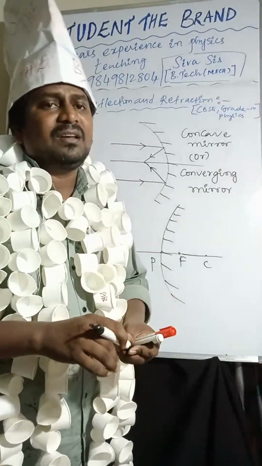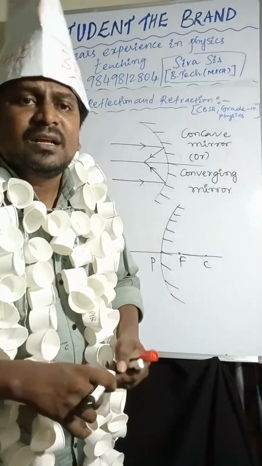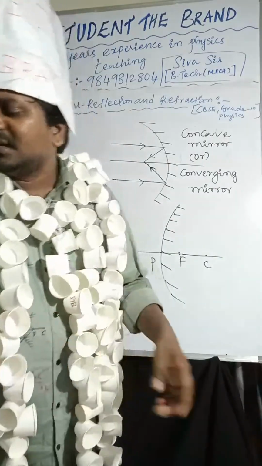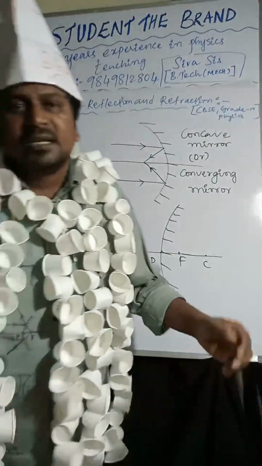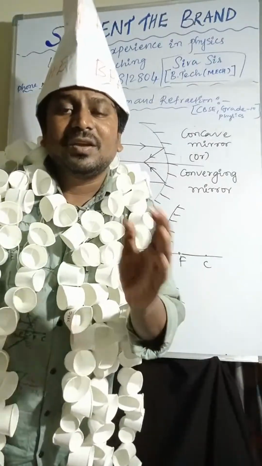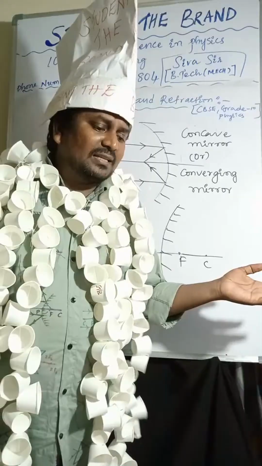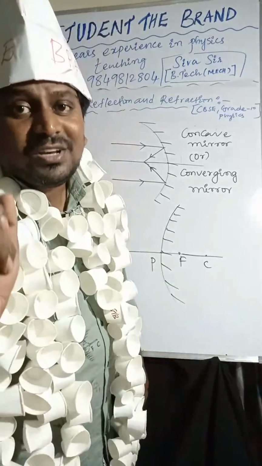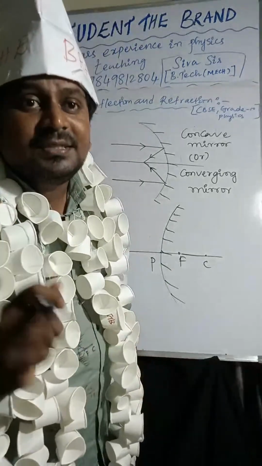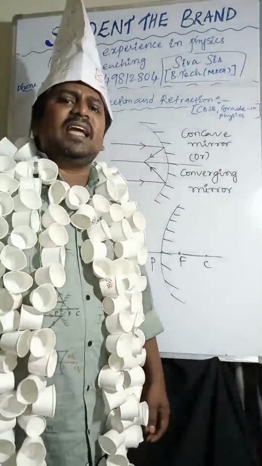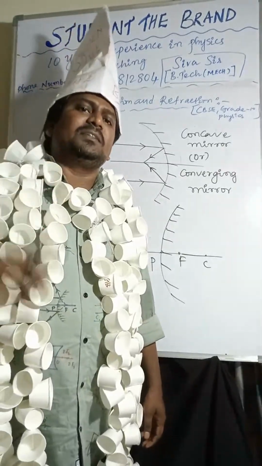Convex mirror is known as diverging mirror. Do you understand? Why is concave mirror known as converging mirror?